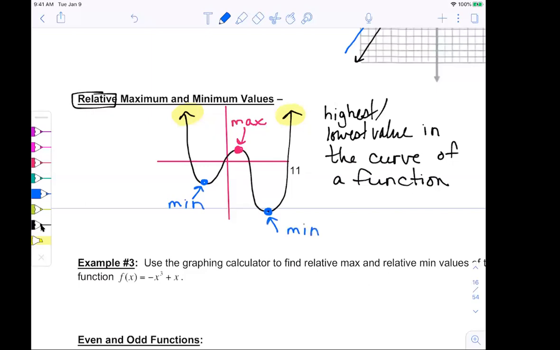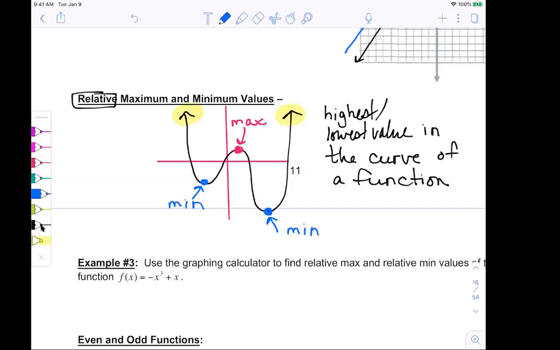So you can have multiple maximum or minimum values. You're comparing it to the values that surround that point. And again, it's called a relative max because it's relative within the graph. Technically, the max in this graph is infinity. There would be no min. I guess the min would be technically the lowest of the minimum values, but we call them the relative max or the min.